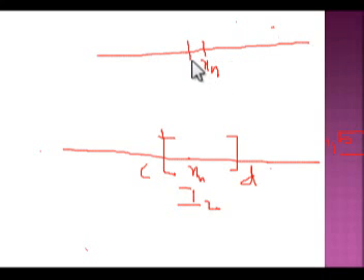I am just drawing it to help you understand, but this is not such a lengthy figure. It will be a very small figure, and the length of the closed interval tends to 0. So we will get such a closed interval.